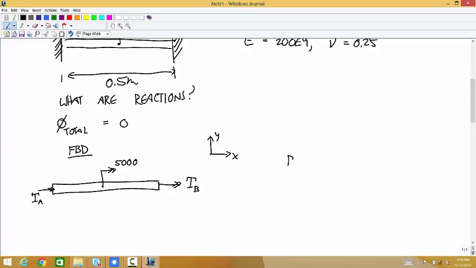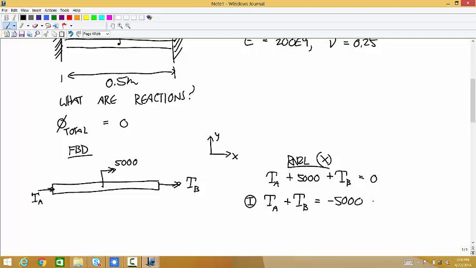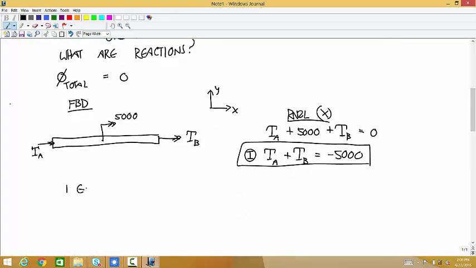And so the rotational equation about x says TA plus positive 5,000 plus TB is equal to 0. So we get our first useful equation that says TA plus TB is equal to negative 5,000. That's one equation for two variables, so we can't solve it. So now we have to look to the deformation to come up with another equation.